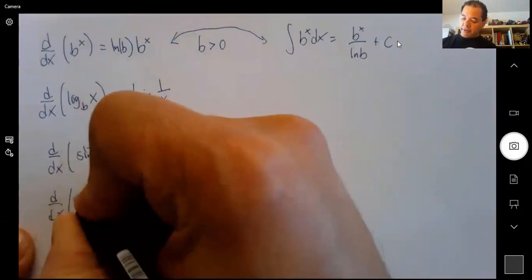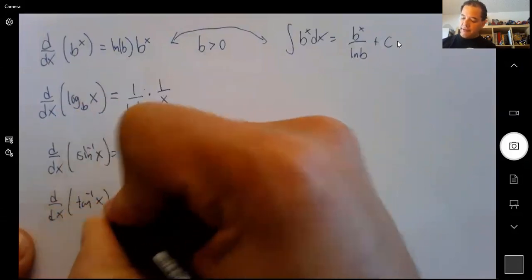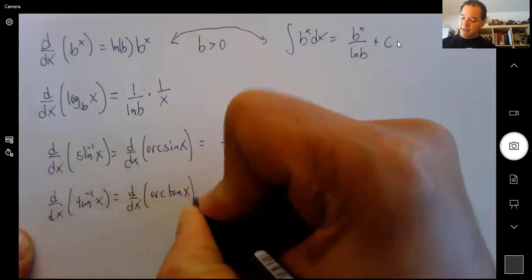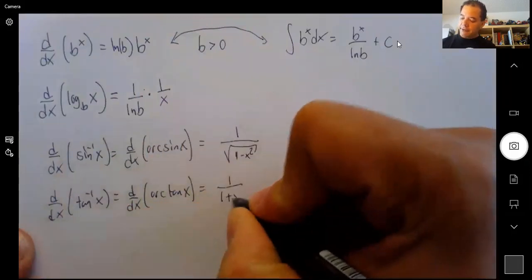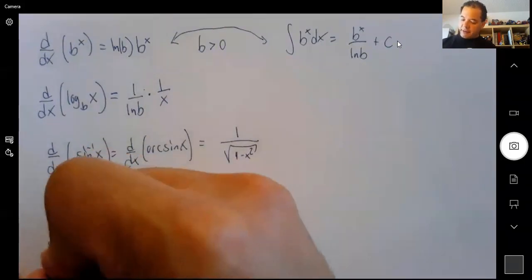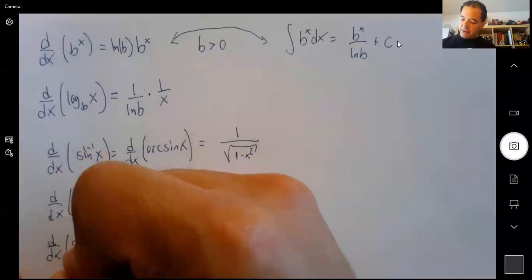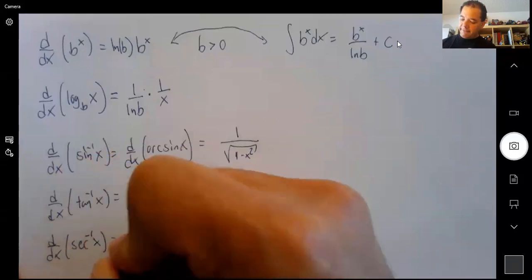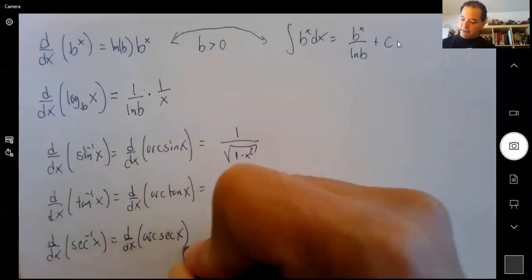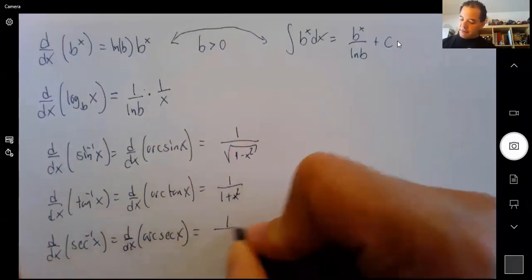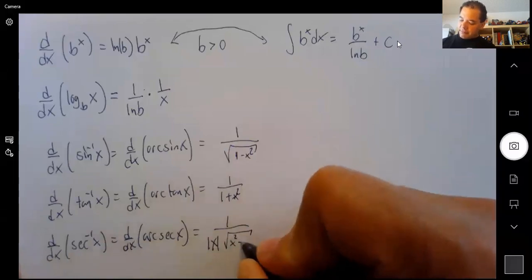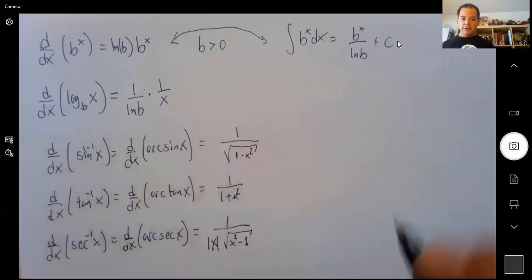The one for arc tangent or inverse tangent is 1 over 1 plus x squared. And the one for arc secant or inverse secant is 1 over absolute value of x times the square root of x squared minus 1. All right?